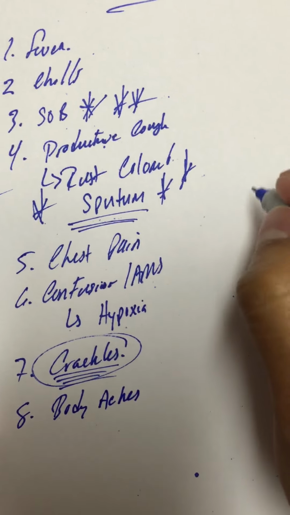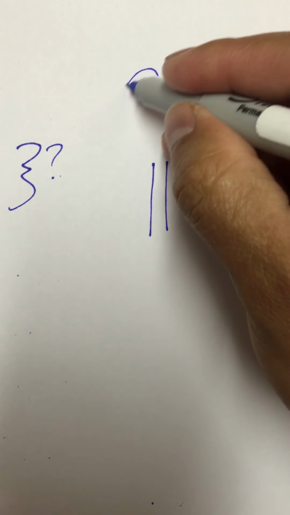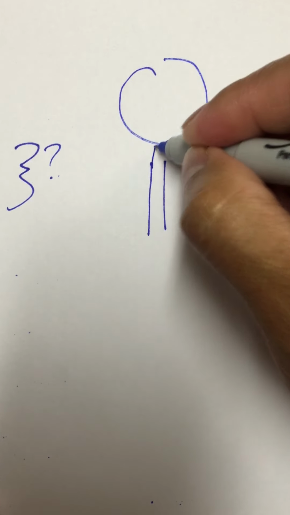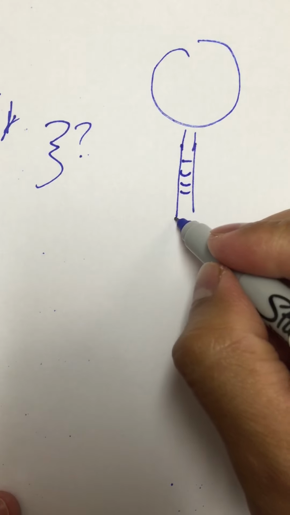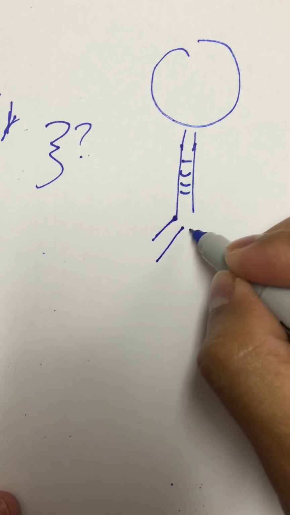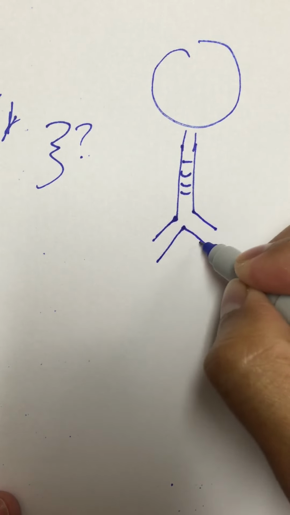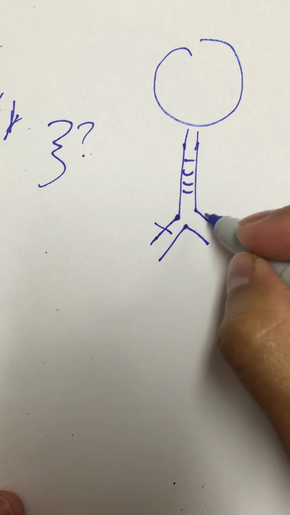Now, how exactly does all of this occur? Let's make a quick drawing here. Say that this is our face. This is our trachea. And remember that your trachea is going to bifurcate, and we'll get your bronchi.